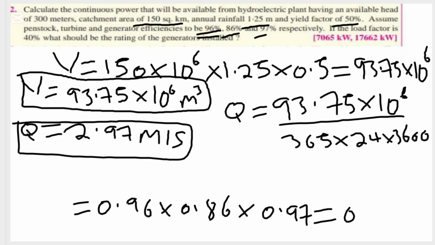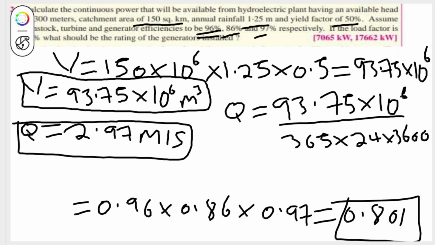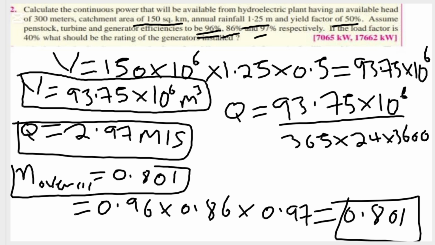At the end, I will get 0.801 as my overall efficiency. So the overall efficiency is 0.801.